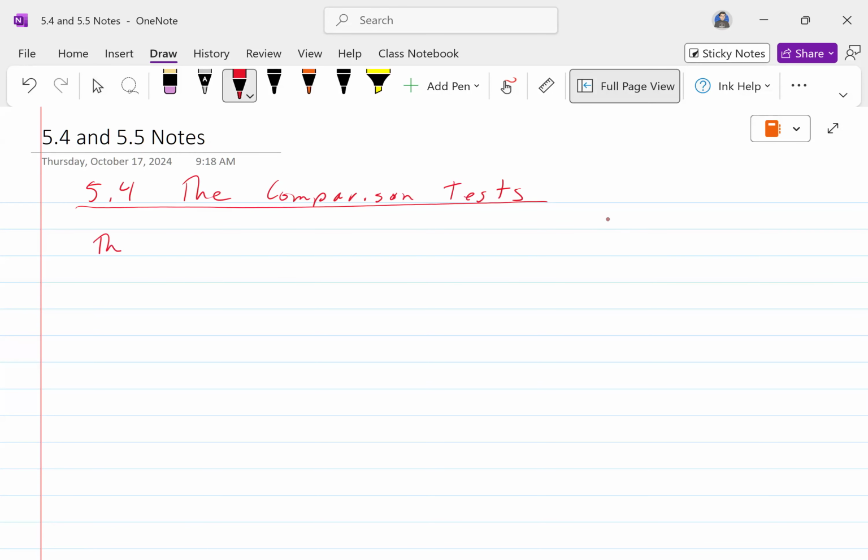Okay, so the comparison test, the first one we're going to talk about: suppose that you have two series, series A sub n and series B sub n, are series with positive terms.